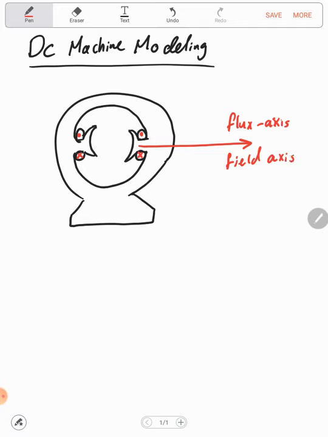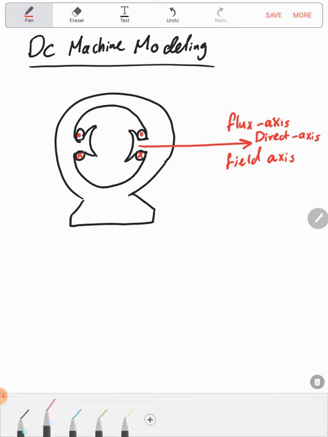And remember, all the time we are calling the field axis the direct axis. So this is the direct axis, or for short it's the D axis. And we're having the rotor.